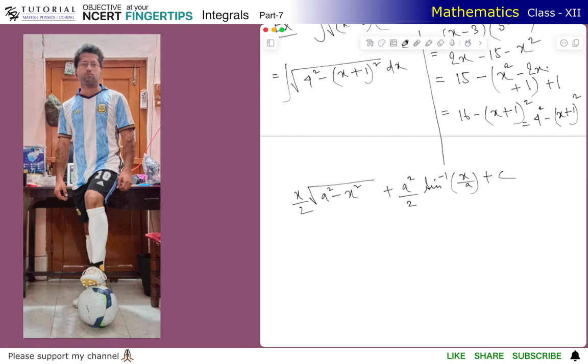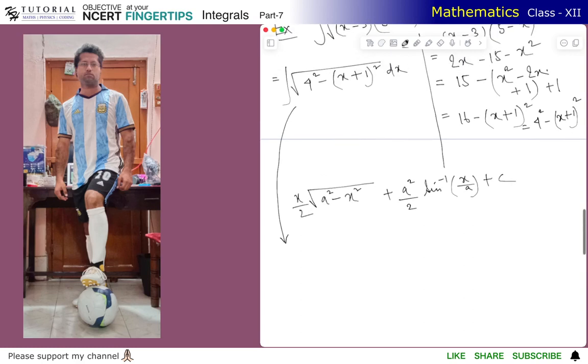So the solution to this integral will be, where a is 4, in this problem a is 4, and we will have to replace x with x plus 1. So the solution will be (x plus 1) by 2, and inside the square root we have the entire quadratic expression which is there in the original problem.